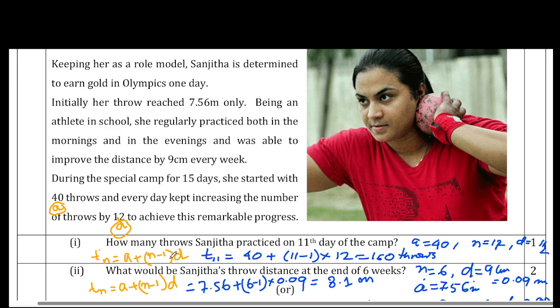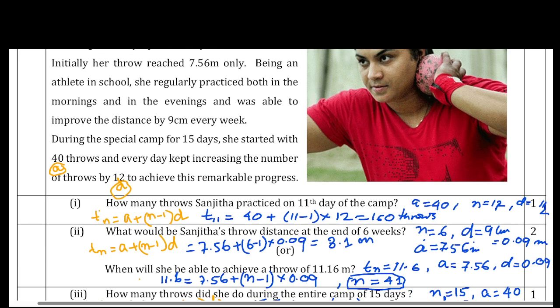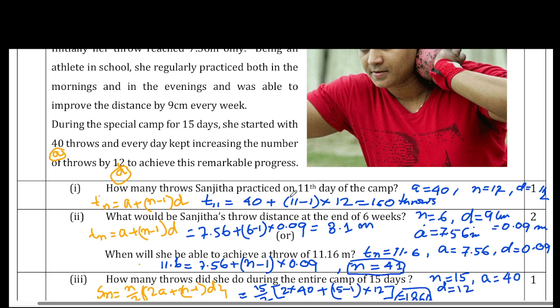So they're asking how many throws in the 11th term. The formula is a plus n minus 1 d. If you put the value, 40 plus 11 minus 1 into 12, it will give you 160 throws. So Sanjita on the 11th day, 160 throws.